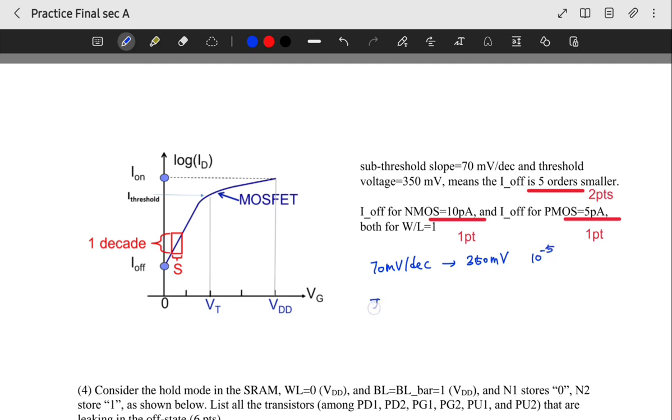So for the NMOS we have 1 microamp, and we calculate this by multiplying this factor, and you will get 10 picoamp. This is for the NMOS. For the PMOS you just use 0.5 times 10 to the negative 5, and you will get 5 picoamp for the PMOS.